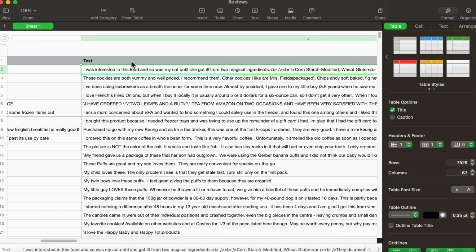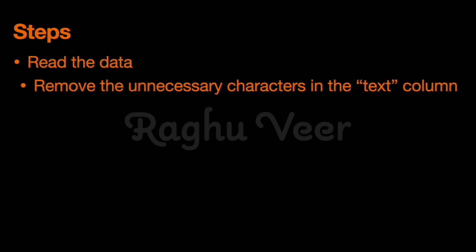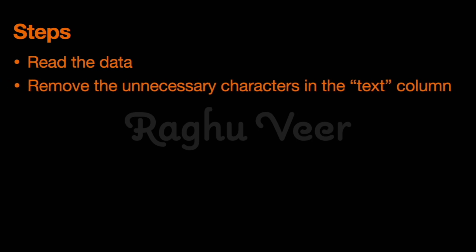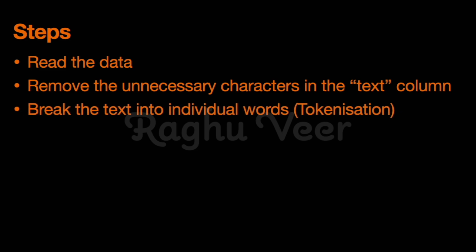So we are going to process this text column in PySpark. The steps are, first we're going to read the data. Then we're going to remove the unnecessary characters in the text column: commas, full stops, special characters, inverted commas, and so on. Then we do something called tokenization, which is essentially breaking up the text into individual words.